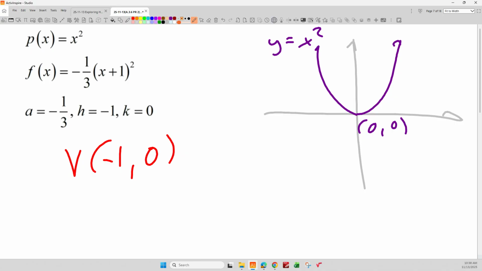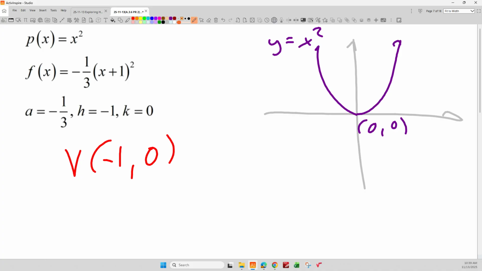How come? Because we moved it over, right? We took this whole graph and we slid the whole graph left by 1, and vertically we didn't do anything, right? Okay, so if the vertex starts off at the coordinate 0, 0, it's always going to end up wherever h and k tell us to slide it, correct?